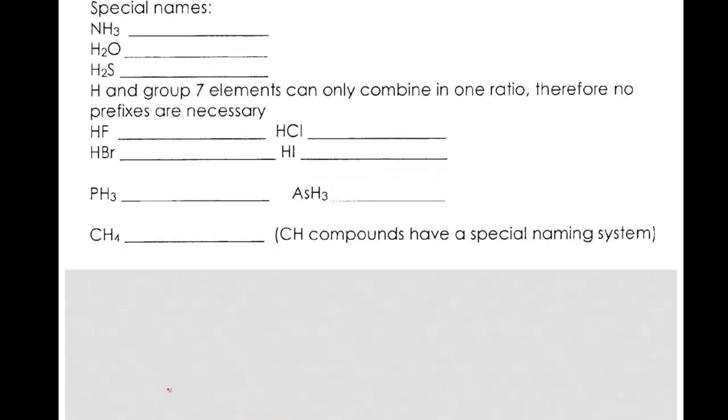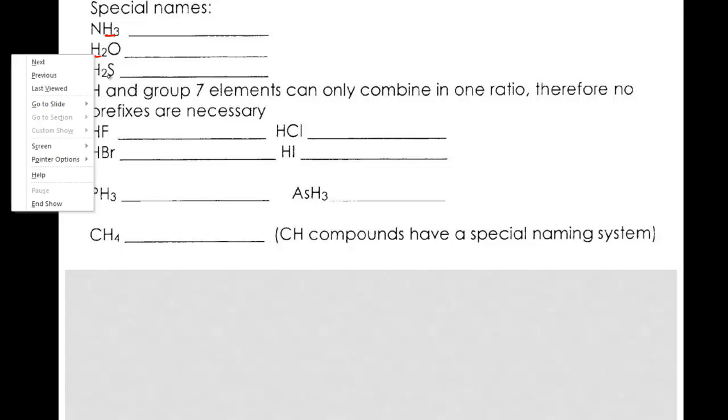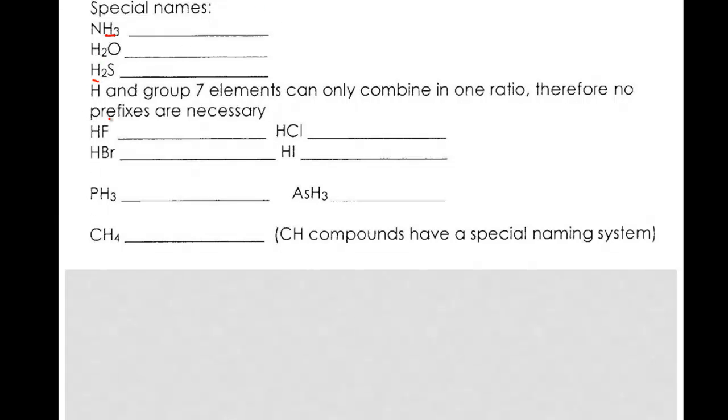There are some special names, and there are some groups of compounds that do not commonly use these systematic names. And what you should notice is that every single example I have here has an H in it, either in the beginning or at the end.